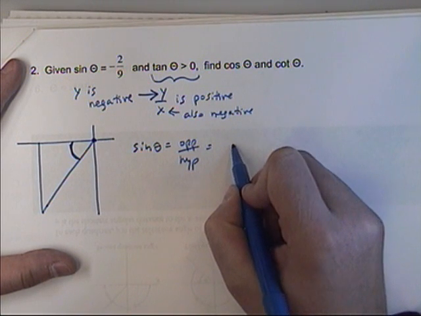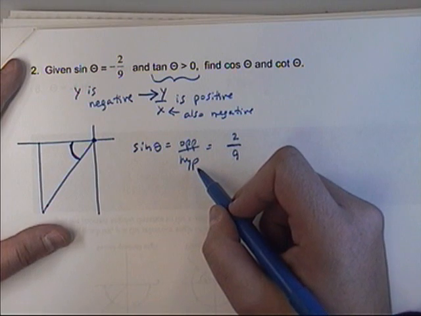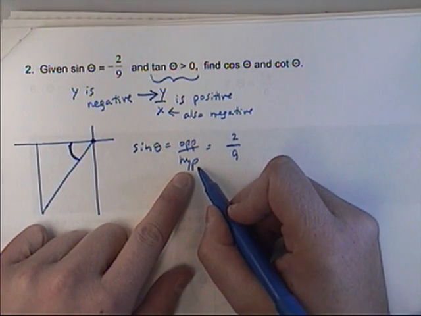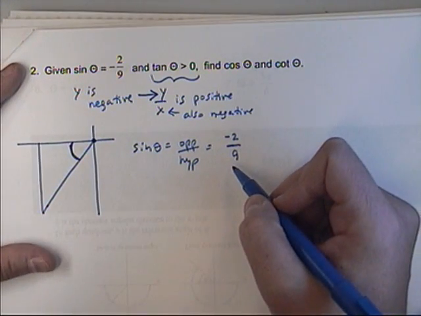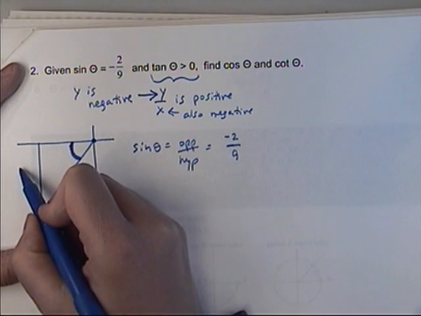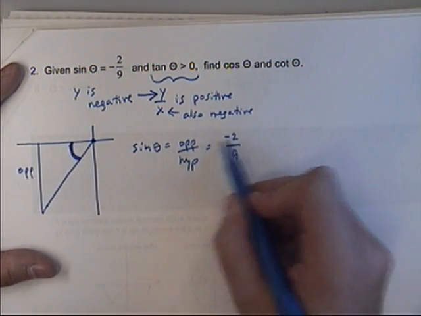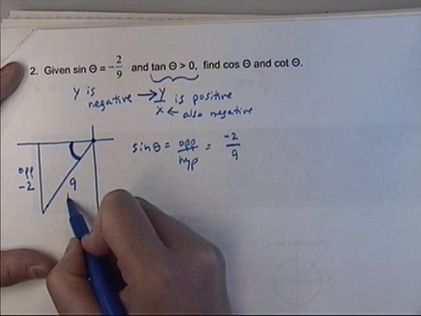So if I have this being 2/9, but it's negative, where do I put the negative? Well, since the hypotenuse is always positive, I can't put the negative on the 9. It has to be on the 2. So if I define this as my reference angle, always in the center of the circle, if this is my opposite, that must mean that my opposite is negative 2. My hypotenuse is 9.